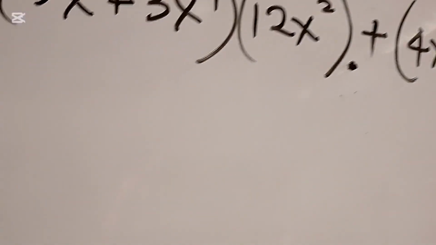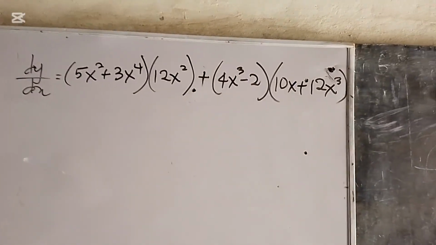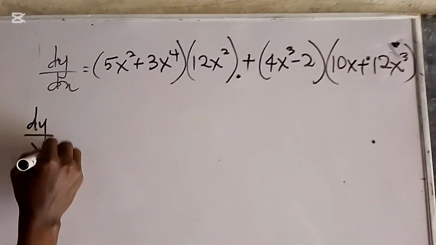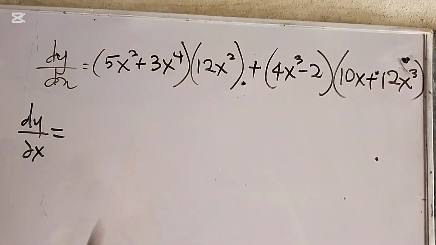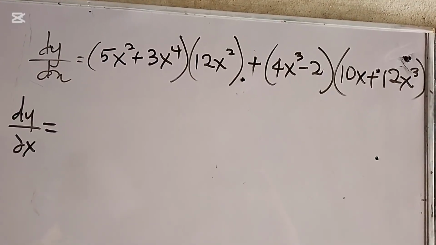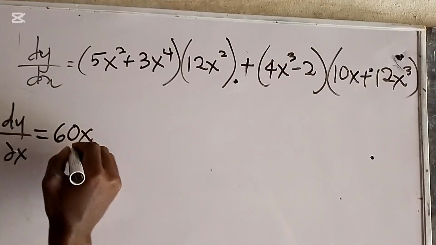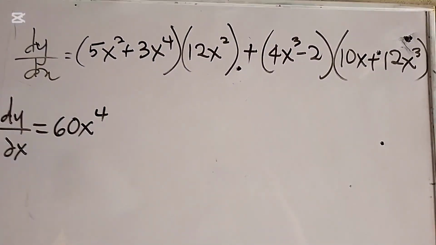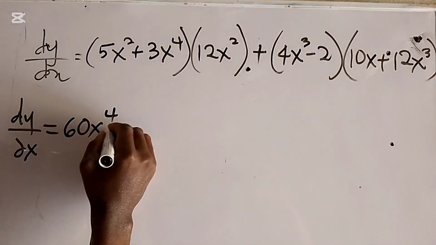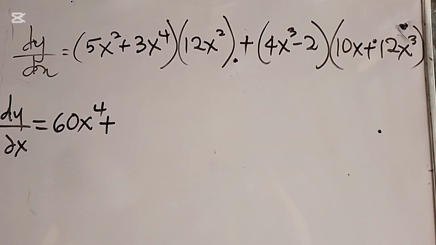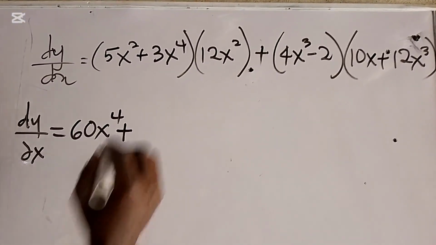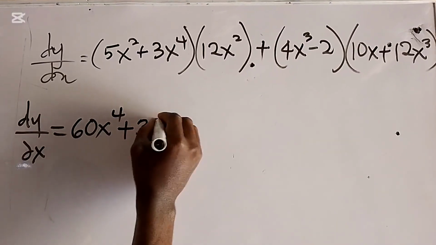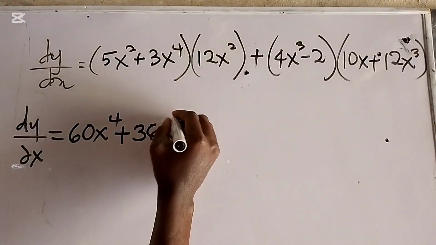Okay, so now let's do multiplication. Our dy over dx: 5 will multiply 12, it will produce 60x to the fourth power, plus 3 will multiply 12, it will give us 36x to the 6th power.